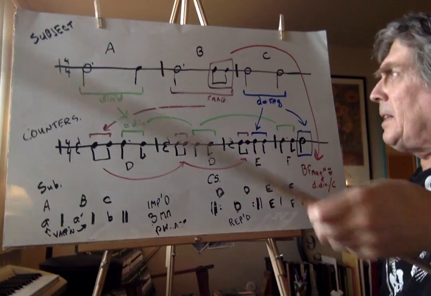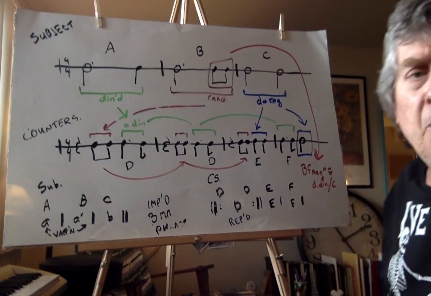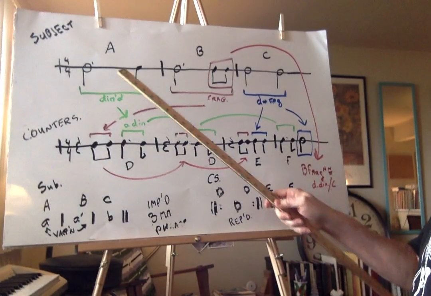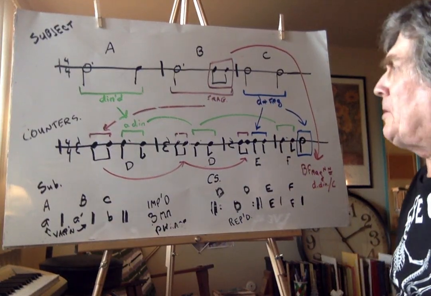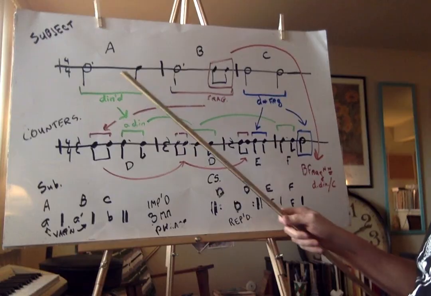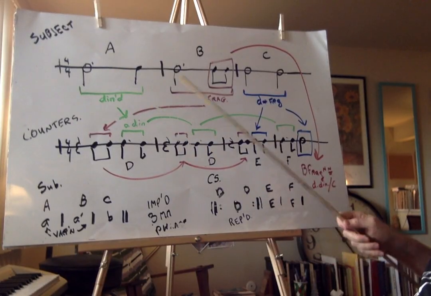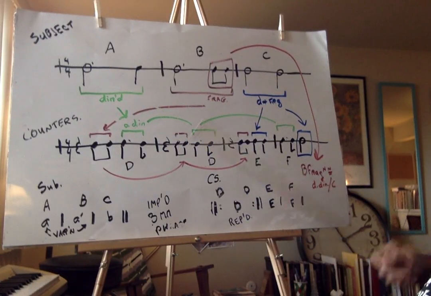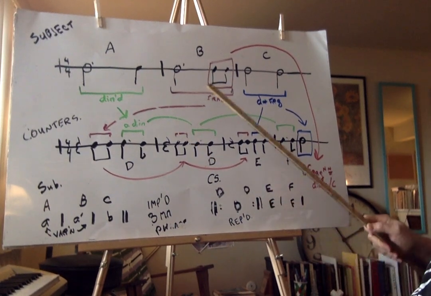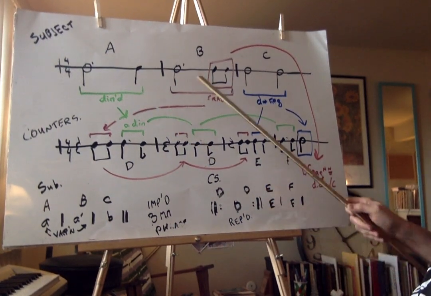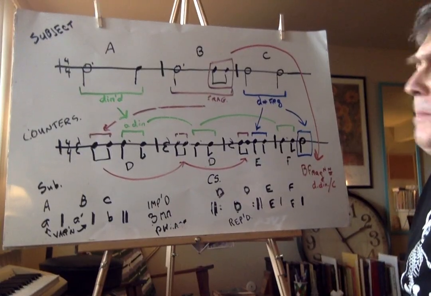All right, now let's take a look at the 3 measure subject here. I have measure A, measure B, and measure C thereof. You'll notice that A and B are pretty similar to one another.